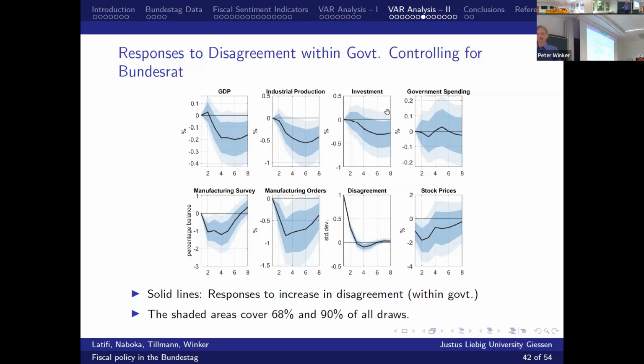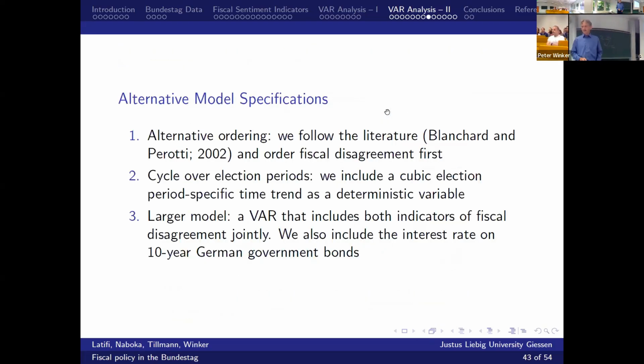Also, the changes in the composition of the Bundesrat were substantial. Yes, one variation was also to take into account this cycle. We found the disagreement follows the cycle, so we also put in a cubic spline to allow for a trend within each election period, but this does not take out the effect.